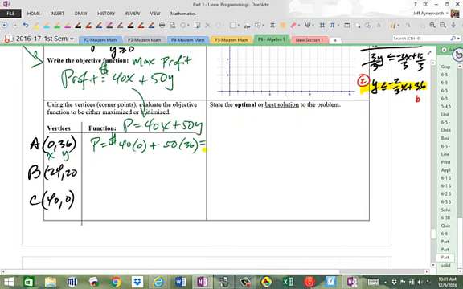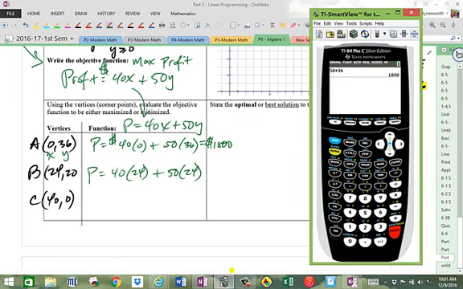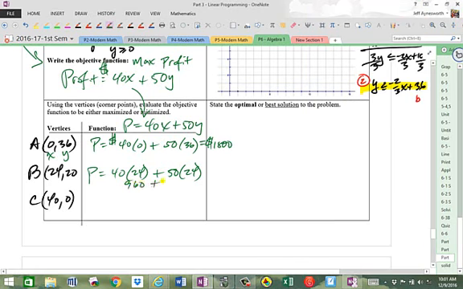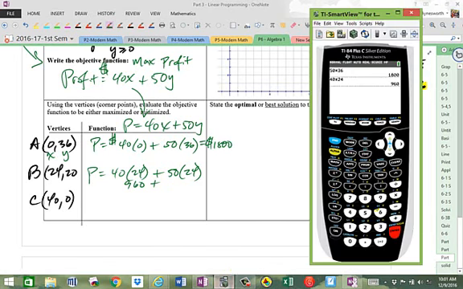Is that the best? I don't know. Let's figure it out. So 40 times 24 plus 50 times 20. 40 times 24, that's 960. And then 50 times 20, that's 1,000.